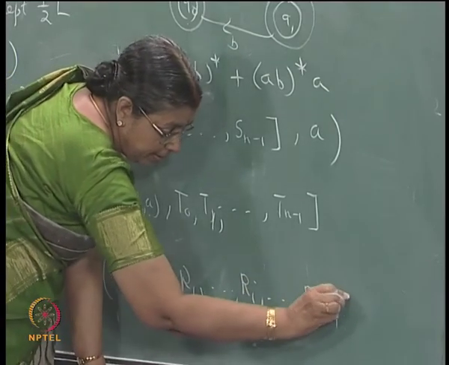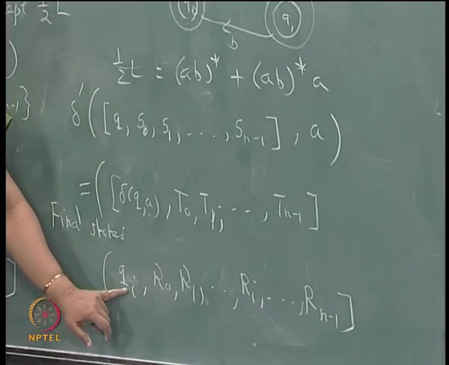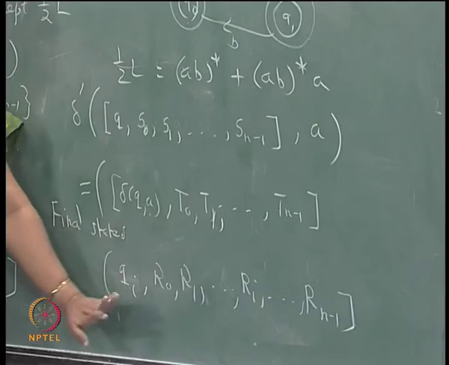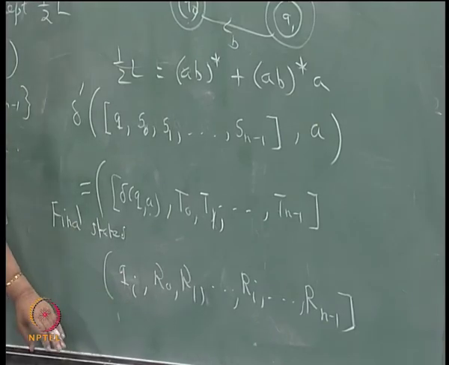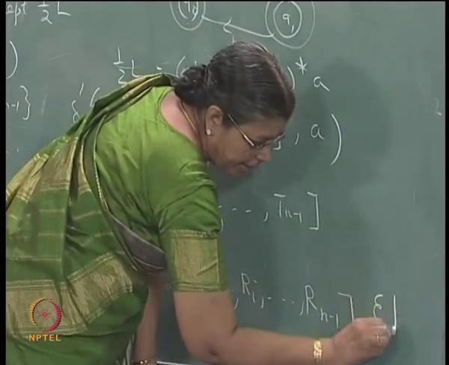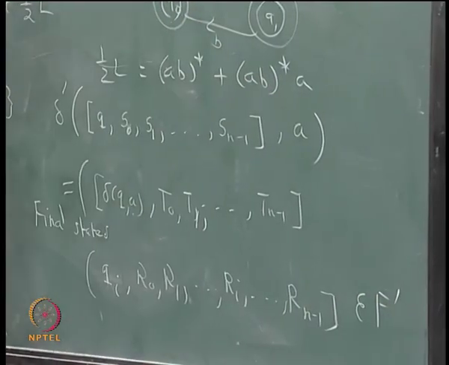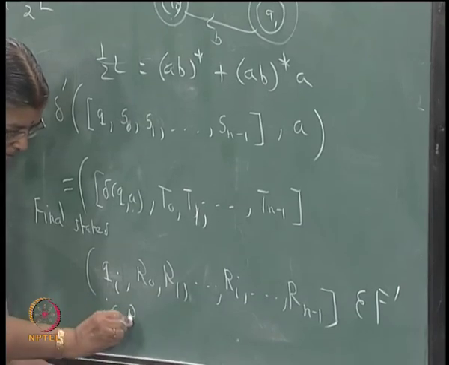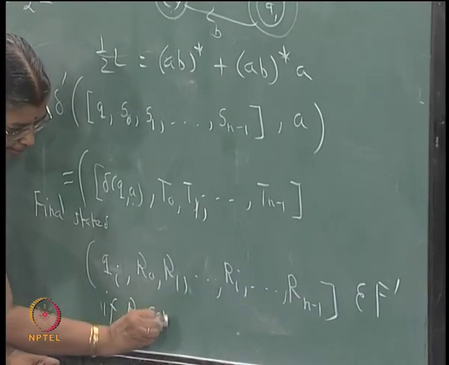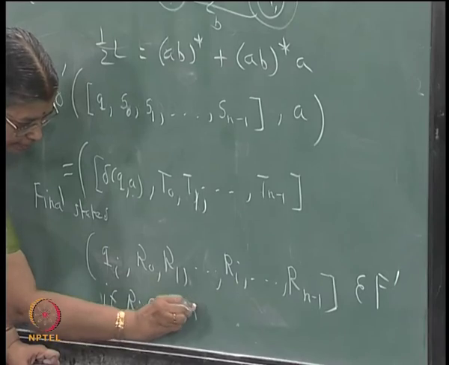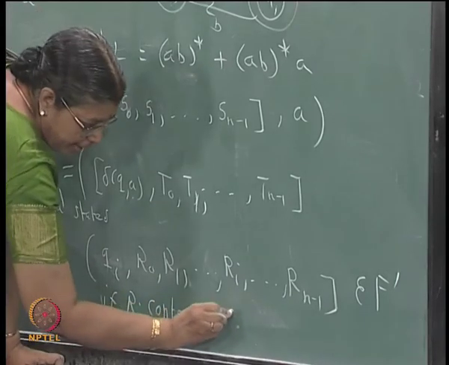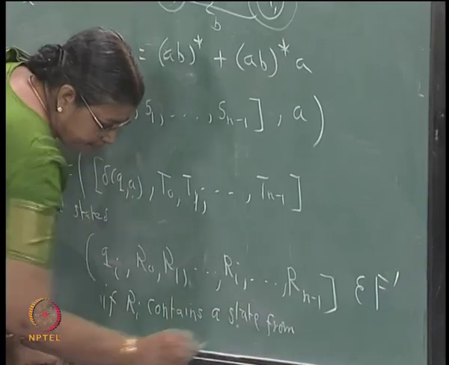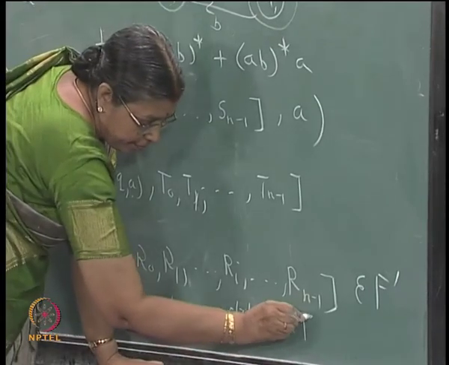If Ri contains a state from F, this will be a final state. This belongs to F dash, or this is a final state if Ri contains a state from F.